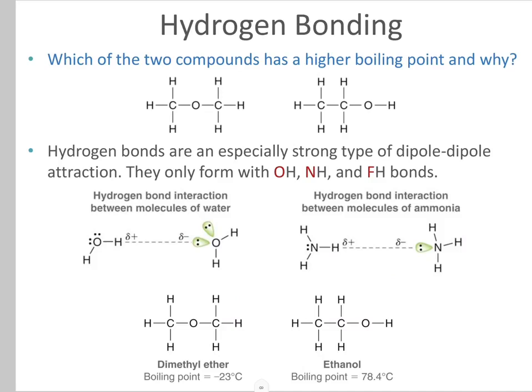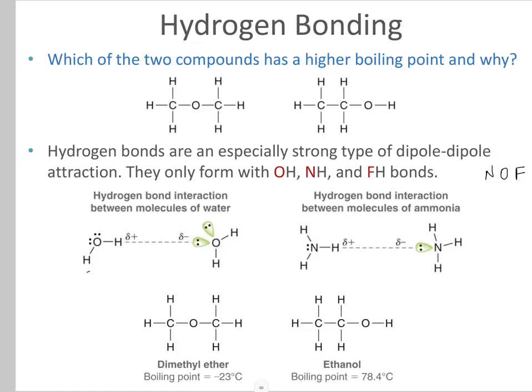Next, let us look at hydrogen bonding. Hydrogen bonding is a type of dipole-dipole interaction, actually one of the strongest. It is formed when fluorine, oxygen, or nitrogen are able to bond to a hydrogen that is attached to another fluorine, oxygen, or nitrogen.